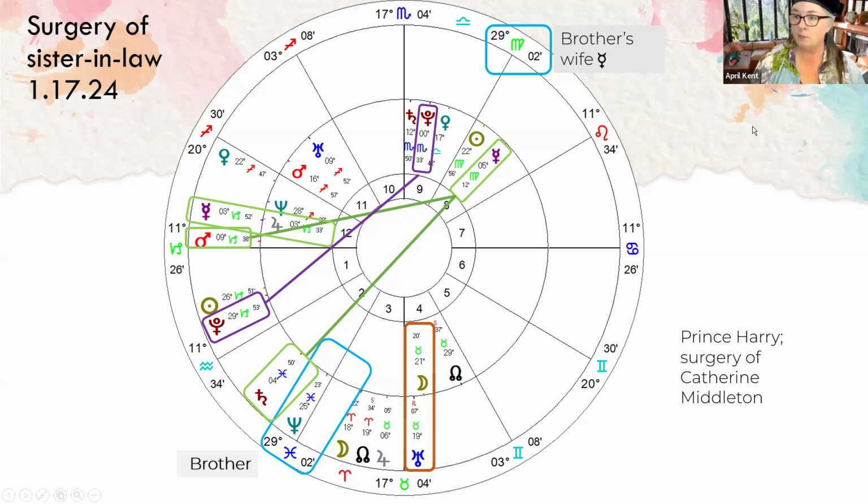This is the chart for Prince Harry, on the date of the surgery of his sister-in-law, Catherine Middleton. So again, it's interesting because, you know, I don't know how much he was sitting around thinking about it that day, but it shows up in everybody's chart in the family.